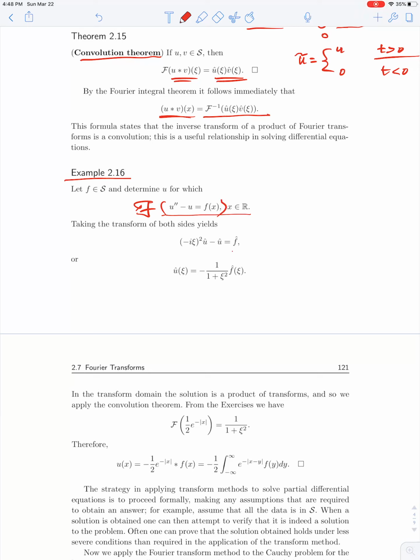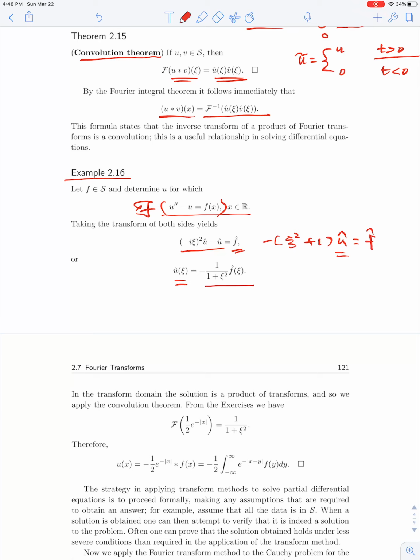These are the Fourier transforms of the left hand side. Now this is an algebraic equation: negative c squared plus 1 times u hat equals f hat, where f hat and u hat are the Fourier transforms of f and u. You just solve for u hat, and then you get this expression.